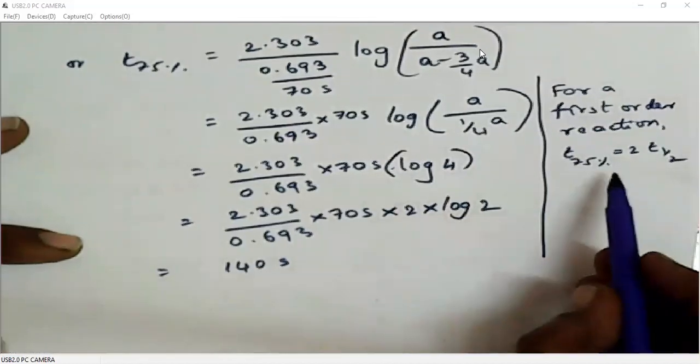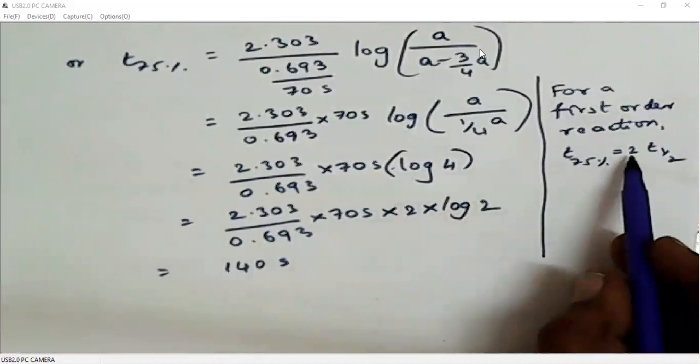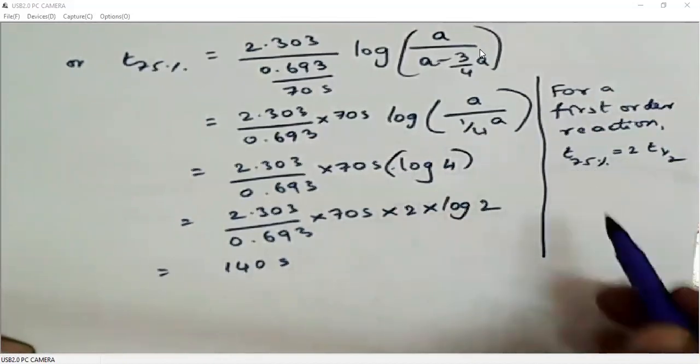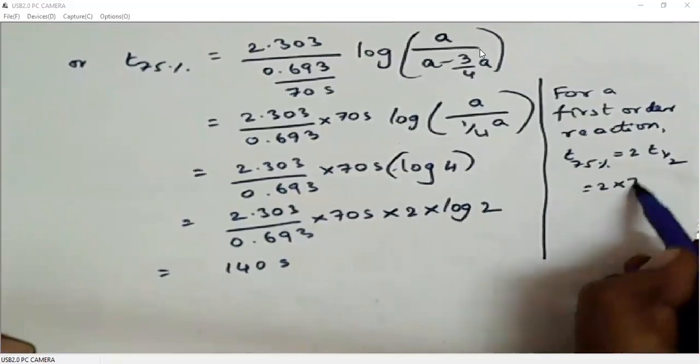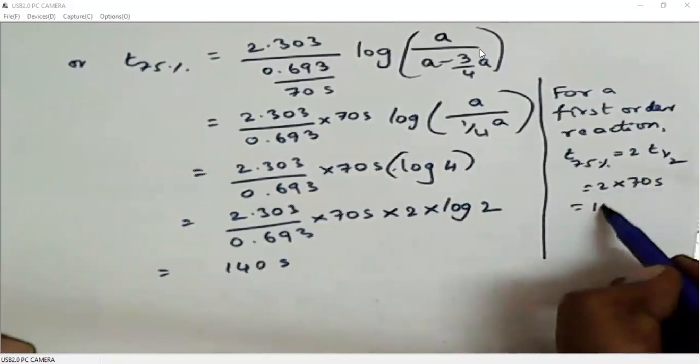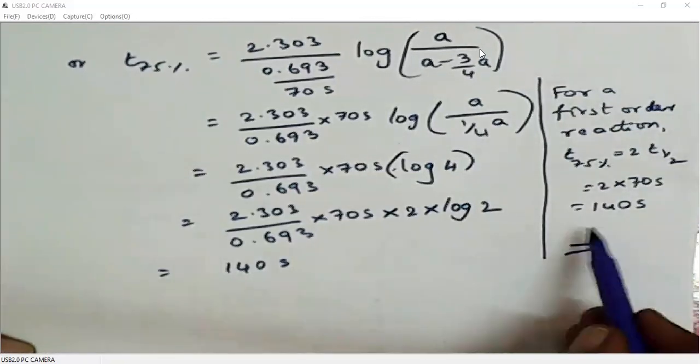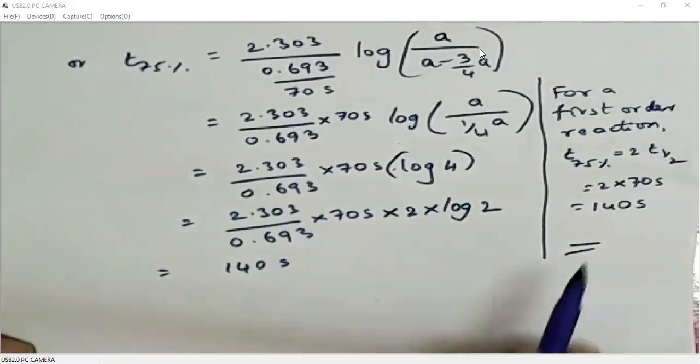For a zero order, it is 1.5 into T half. For a first order, it is 2 into T half. T half was given as 70 seconds, so it is 140 seconds. So it takes less than 10 seconds if we want to calculate this for a competitive exam.